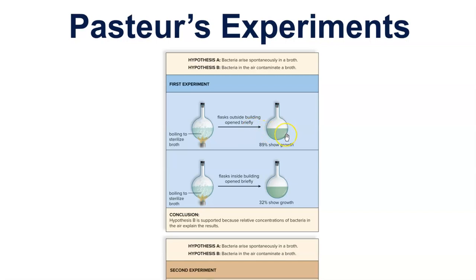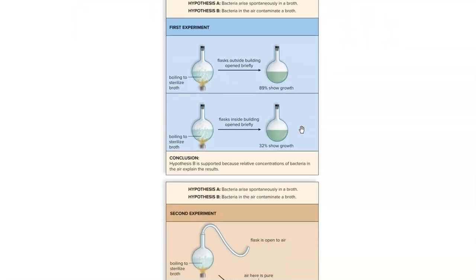So he showed that in the first experiment. And the way that he detected growth is that the broth became cloudy. That's how we know there's growth in liquid nutrient broth, because it becomes cloudy. So that shows bacterial growth. Now, in the second part, he boiled and sterilized the broth again.